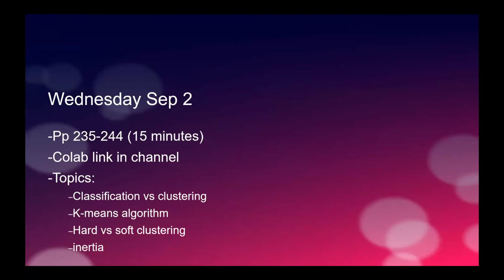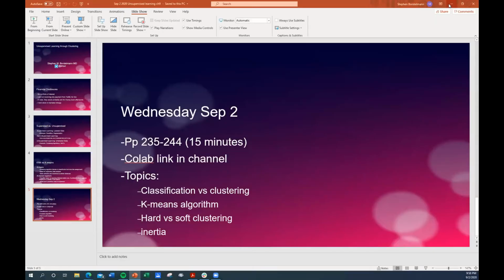It's my Colab that I've based off of the ML2 Colab. It's slightly altered. And we're going to talk tonight about classification versus clustering, the K-means algorithm, hard and soft clustering, and the inertia measurement.